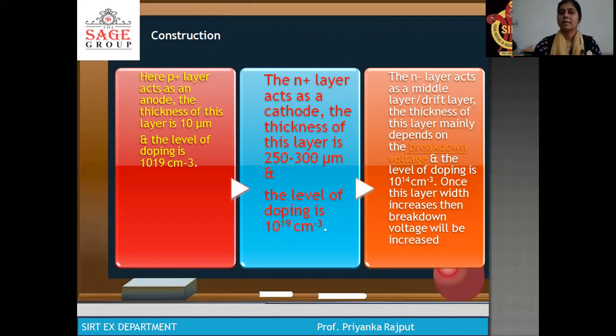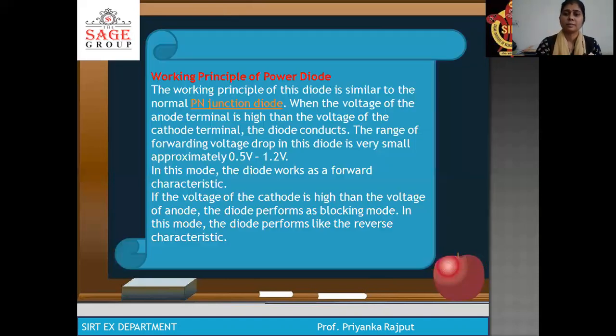The N plus layer acts as the cathode. Its thickness is 250 to 300 μm and the doping level is 10^19 cm^-3. The N minus layer acts as the middle layer, also called the drift layer. Its thickness is directly proportional to the breakdown voltage, meaning whenever we increase the breakdown voltage, its thickness will also increase.